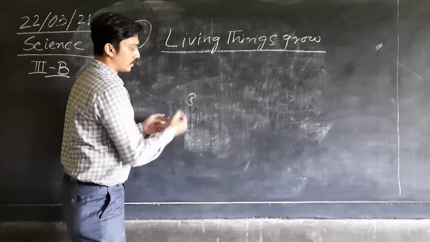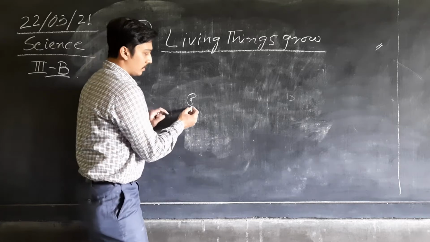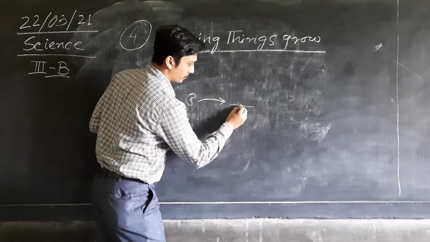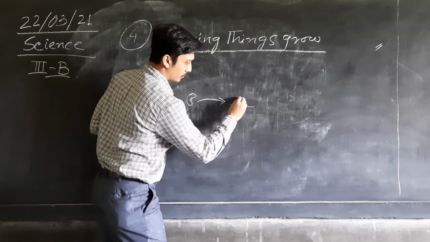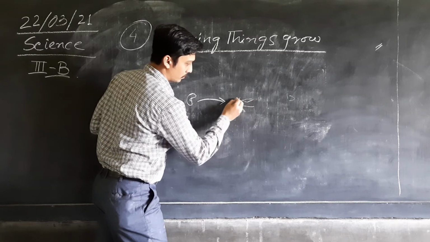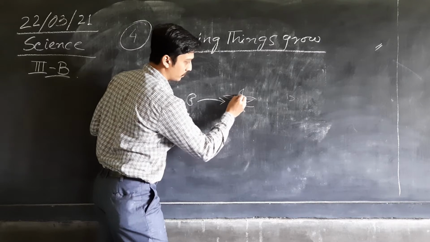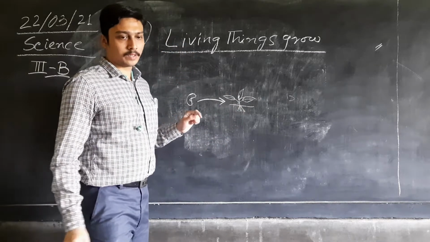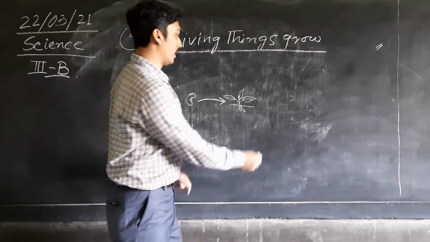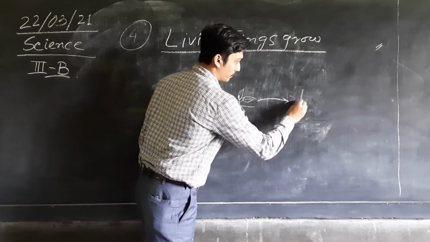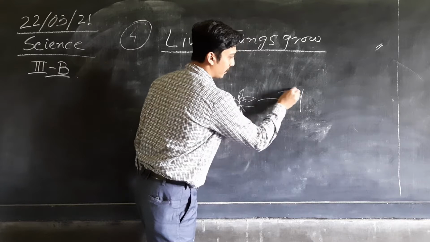Then it grows into small plants, or a sapling. Then it grows into plants pretty much bigger than this.